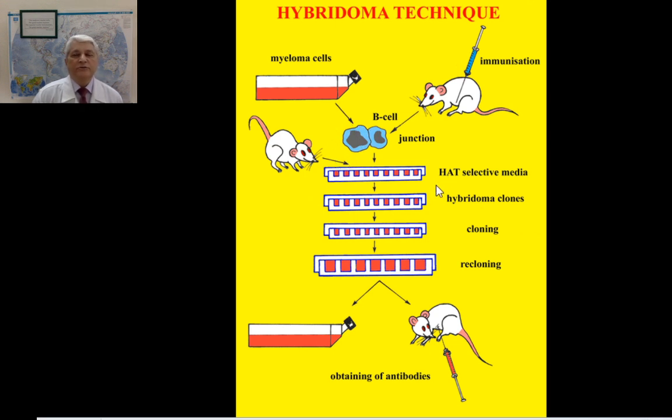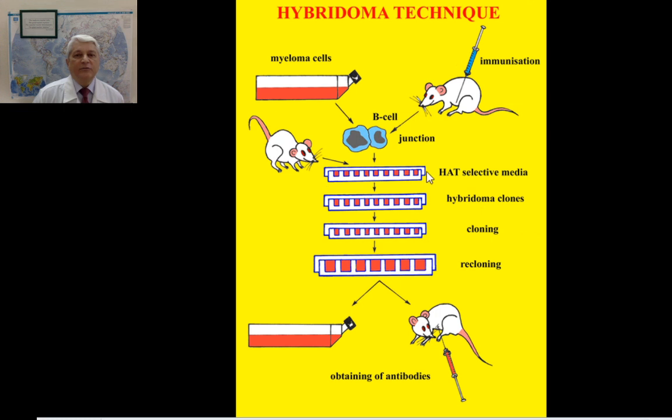For this we use special HAT selective media in which malignant tumor cells are dying. Finally, we shall receive in our test tubes only hybrids, because they will not die as malignant tumor cells in HAT selective media, and they will not die as normal B cells after 10 days.